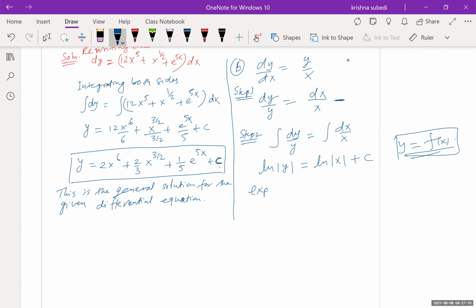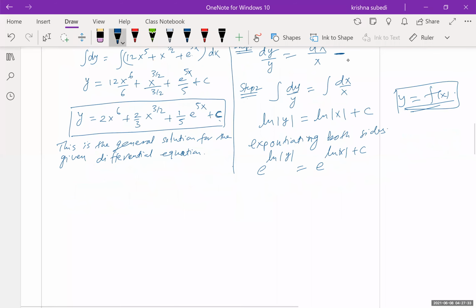Now recall from your high school. Exponentiating both sides, you can get e to the ln y equals e to the ln x plus c, right?